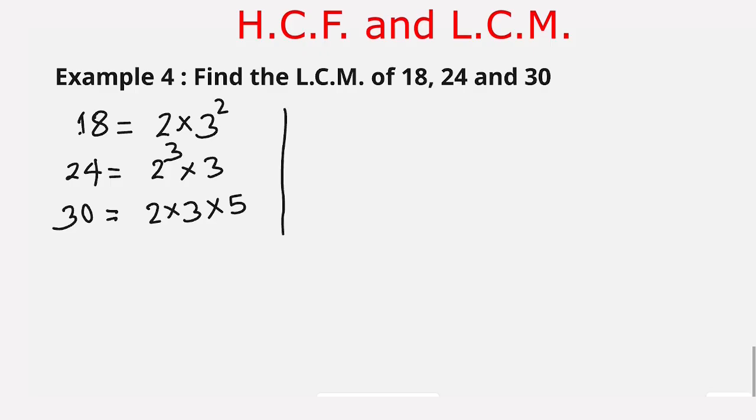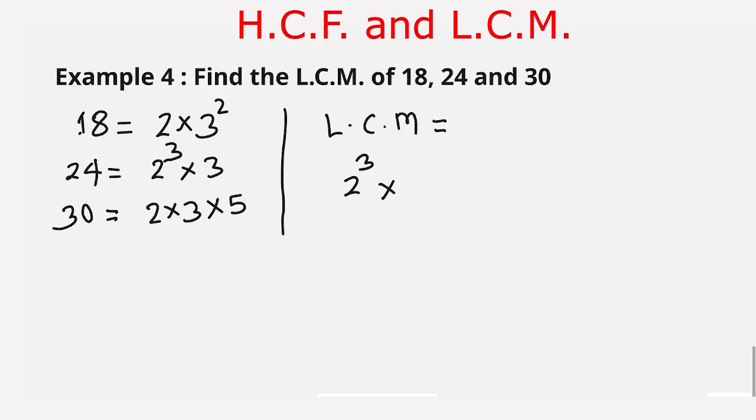On observing the prime factors, the involved prime numbers are 2, 3 and 5. So we have to take the highest power of 2, 3 and 5, and that will be our LCM. Highest power of 2 is 3, that is 2 to the power 3.